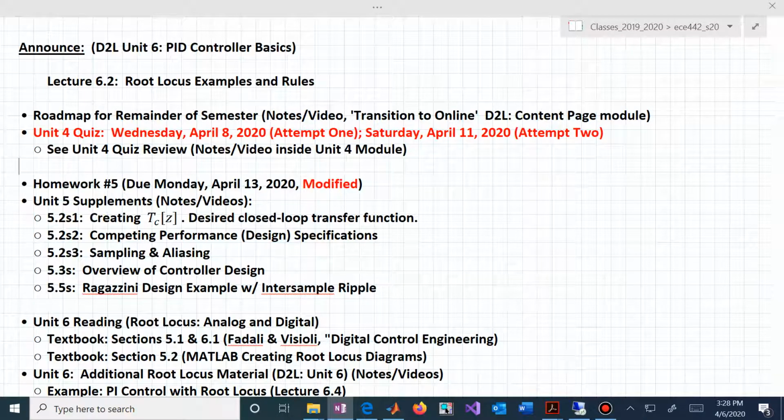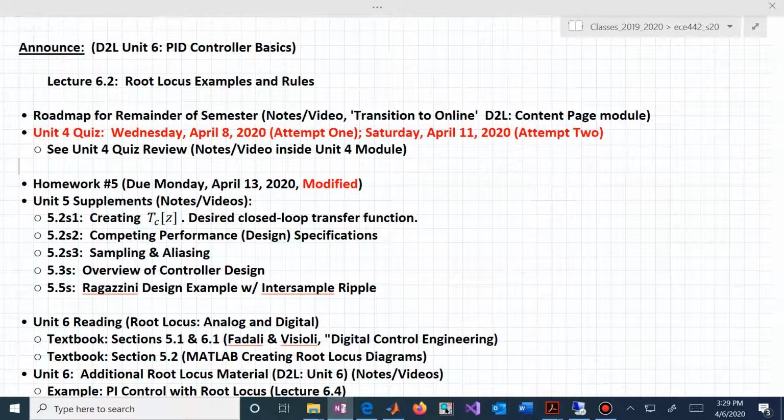As far as announcements are concerned, there's a roadmap now available for the remainder of the semester. There's both notes and videos. It's in the module Transition to Online on the content page of D2L. The Unit 4 quiz will be Wednesday, the 8th of April.